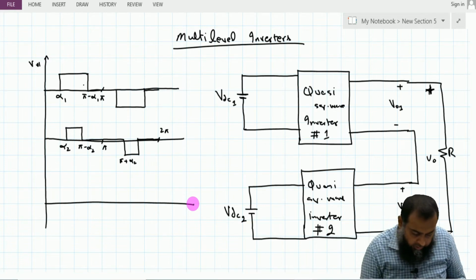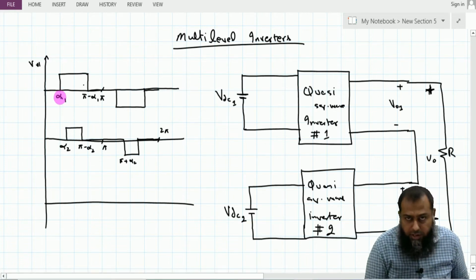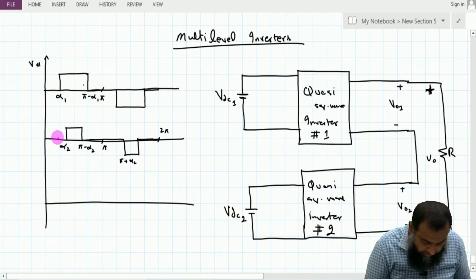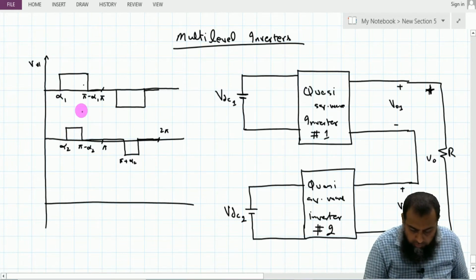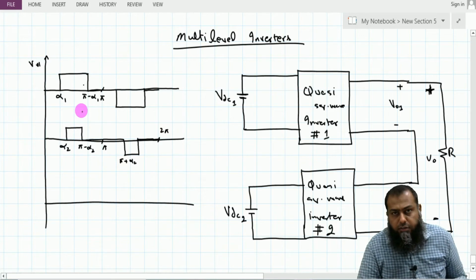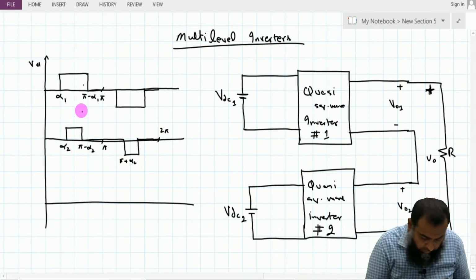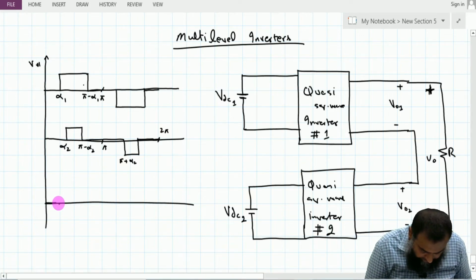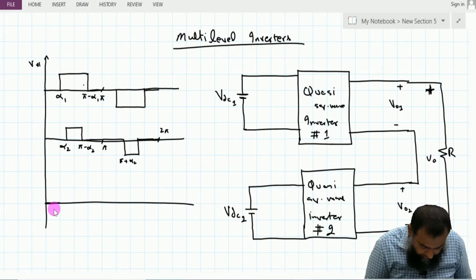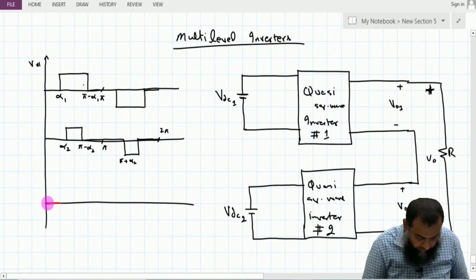For instance, from 0 to alpha 1, neither of these two individual square wave inverters is producing any voltage. So the output voltage is 0 here.